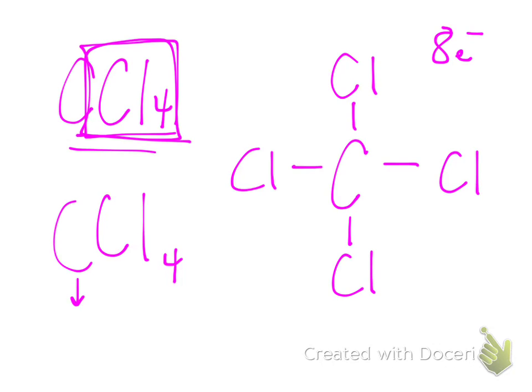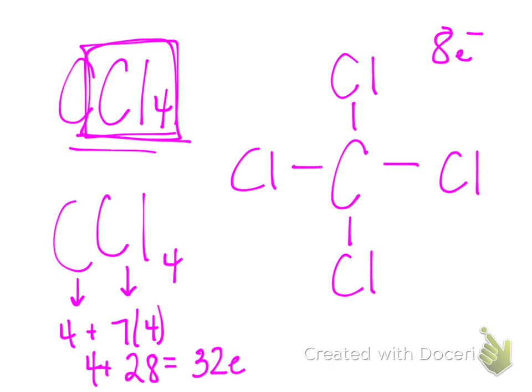Carbon has how many valence electrons to give? 4. Look on the periodic table, right? Chlorine each gives us 7, and there's 4 of those. So that's 28 plus 4. Total, we should have 32 electrons represented on our Lewis structure. Do we have 32? No, we only have 8. So that's no good.